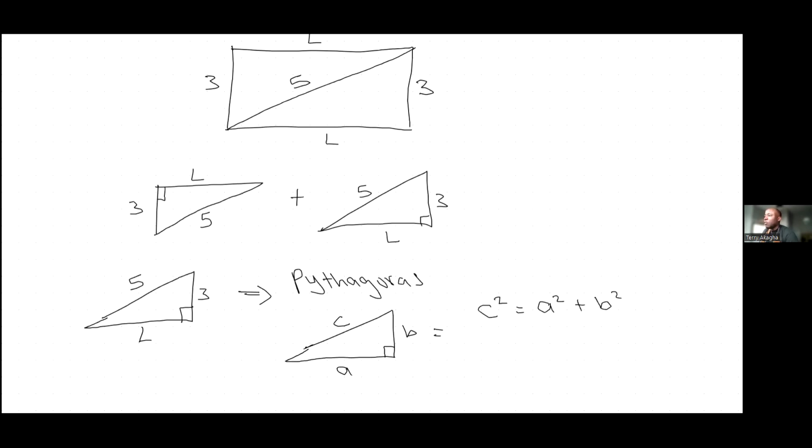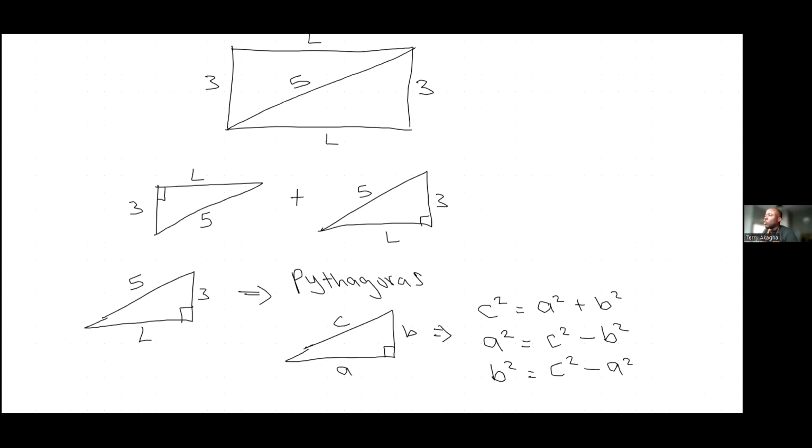Or if you're looking for the 2 other sides, it's basically rearranging this. So a squared is going to become c squared minus b squared, or b squared is equal to c squared minus a squared.